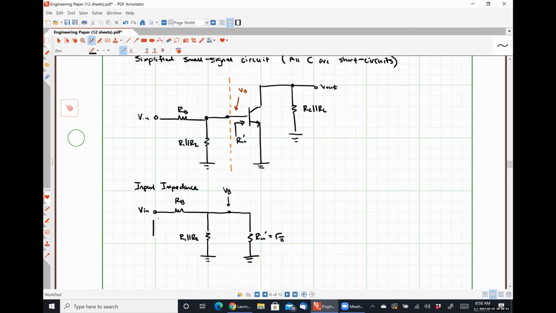So if we're looking in through this terminal and trying to find the overall input resistance of this scheme, we're going to have RB plus R1 in parallel with R2 in parallel with r pi. Anybody have any problem with that? Pretty easy, right?